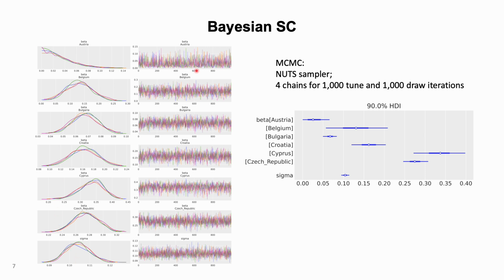And also we can see that the 4 traces have patterns that are sort of random without obvious directions. And we've checked that the R-hat for all parameters is very close to 1, suggesting that multiple chains have converged to the same distribution. And in particular, the distribution of parameters in the 90% credible interval is shown in the right figure.